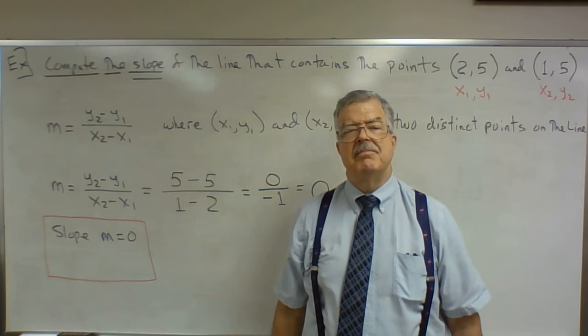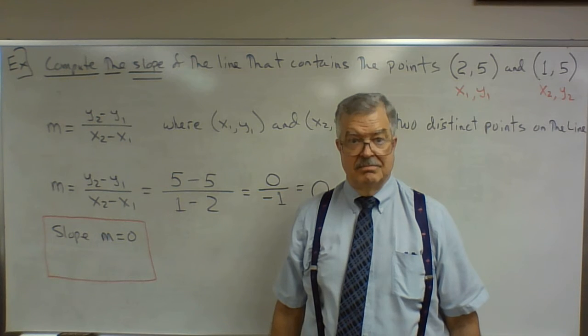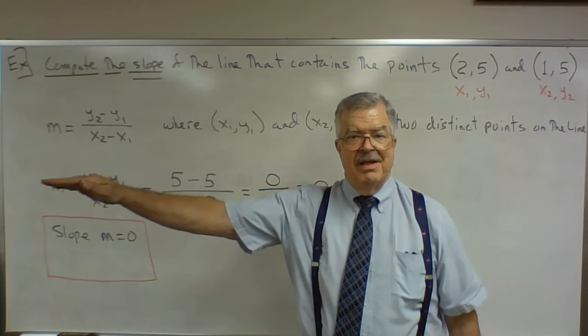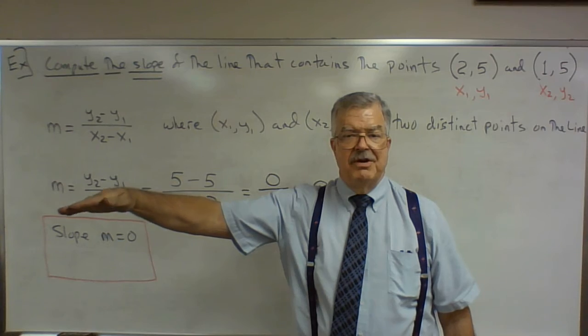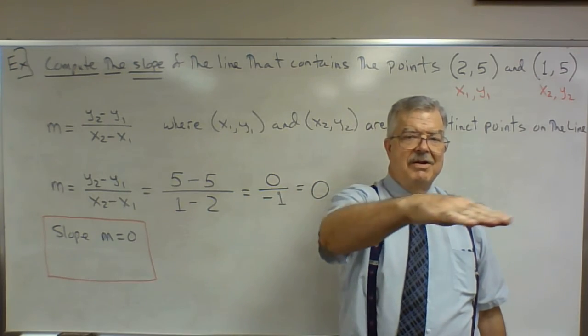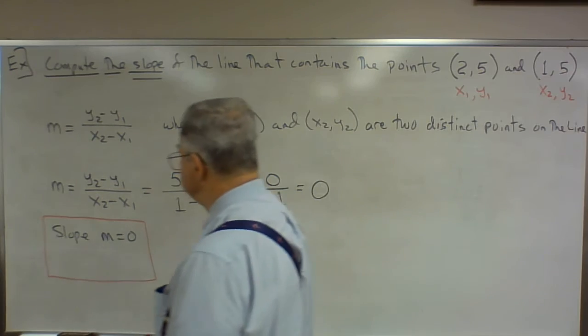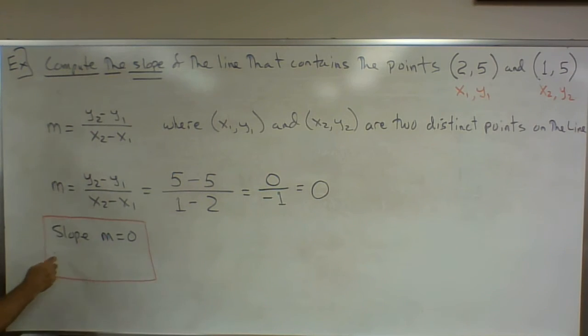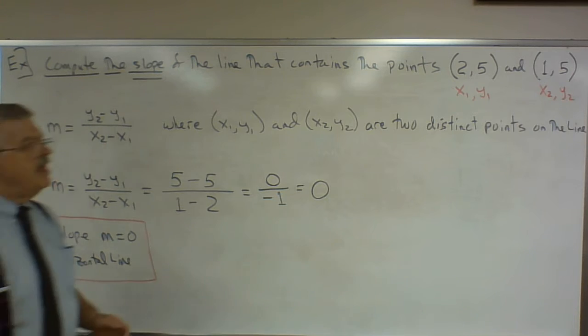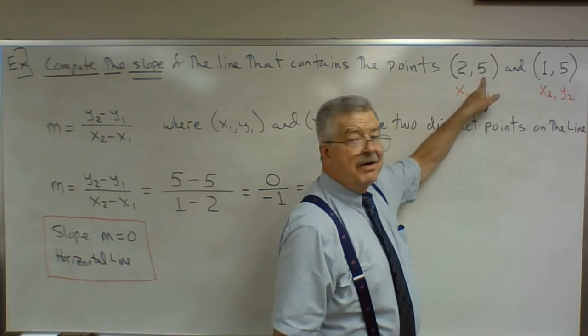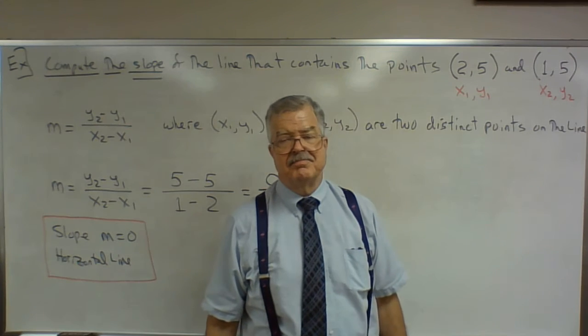And what's in between positive and negative? 0, right? A line with slope 0 doesn't go up, it doesn't go down, it just keeps going from left to right horizontally. The slope is 0. It's a horizontal line. Every point on the line is 5, including the Y-intercept.